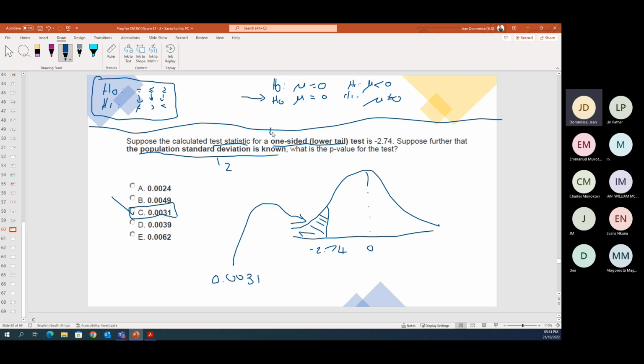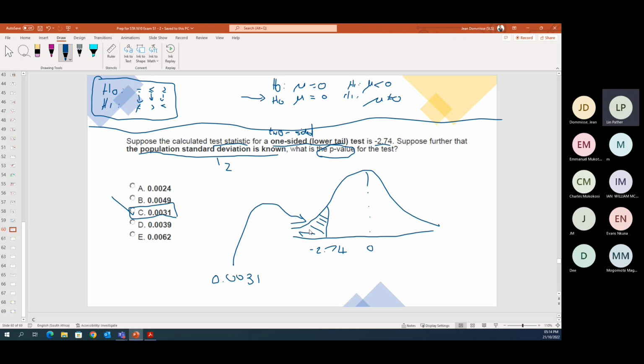If it said two-sided, if it said, suppose the calculated t-stat for a two-sided test is still minus 2,74, suppose further that, then what will your p-value be?